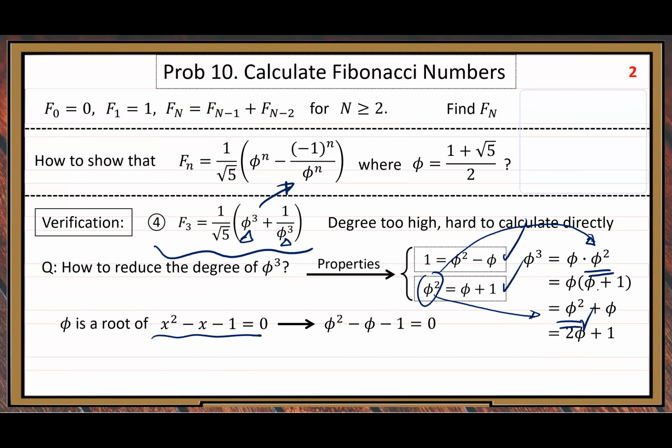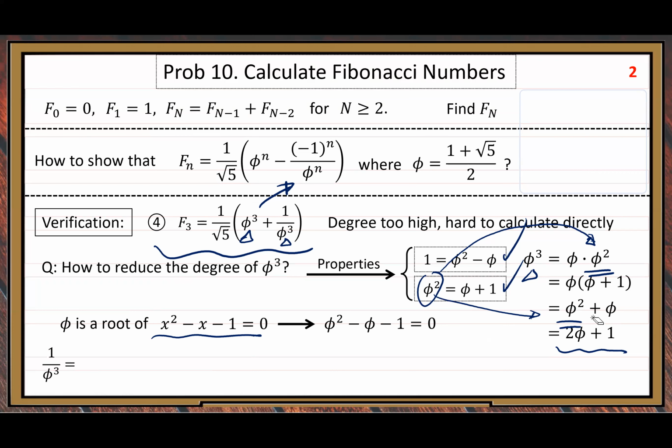So you get 2 phi plus 1. Look at the new expression of this phi cube: the degree becomes 1. 2 phi plus 1, the degree is 1. That's pretty low, right?